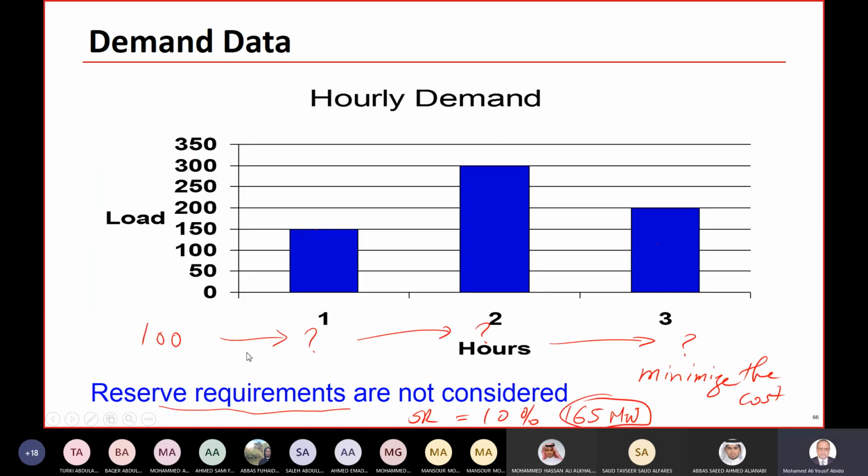If you have 3 units, how many combinations do we have in general? 8, 2 to the power 3.